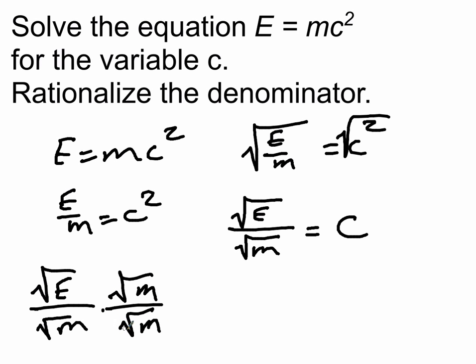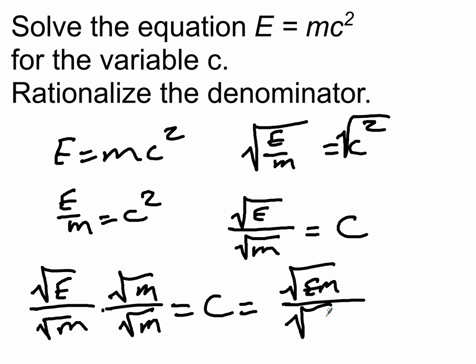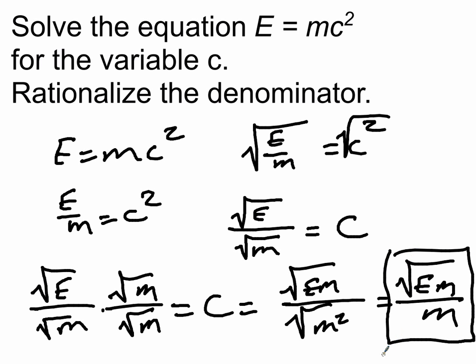I'm just multiplying by 1, so it doesn't change the value of the left side of this equation at all, but it's going to rationalize the denominator. So I get the square root of e times m on the top, and on the bottom I get the square root of m squared, which is just equal to m. So c is equal to the square root of e times m over m.